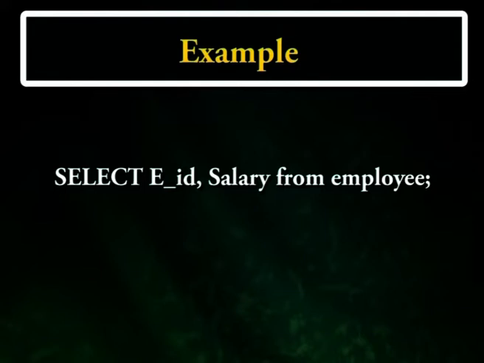So, the keyword from is used to specify from where we want to retrieve data, and the table list parameter is used to specify the table name from which data will be retrieved. We can retrieve data either from only one table or more than one table at the same time.